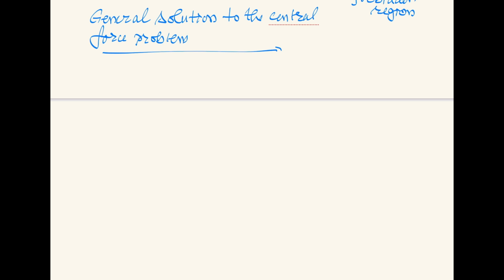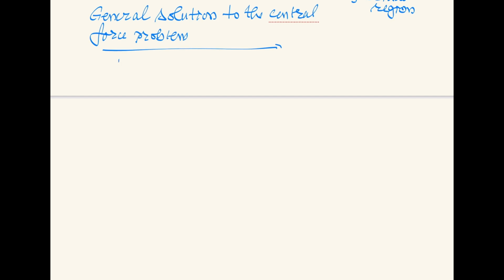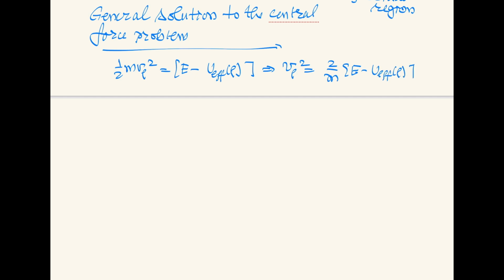Okay, how would I do that? Well, first of all, let us take a look at this equation. 1/2 m v rho squared is equal to E minus U effective of rho. Is that right? So that means I can write v rho squared is equal to 2 by m into E minus U effective of rho.